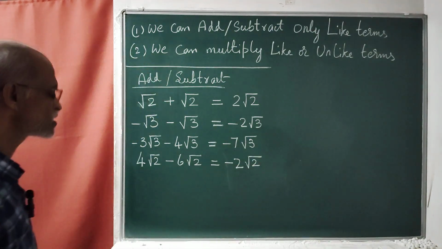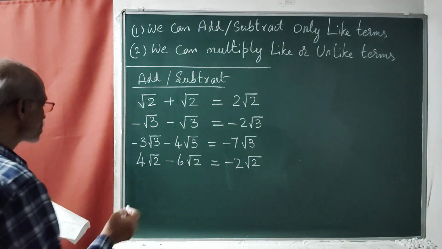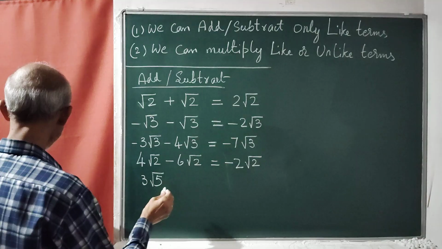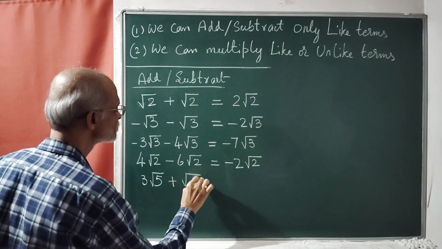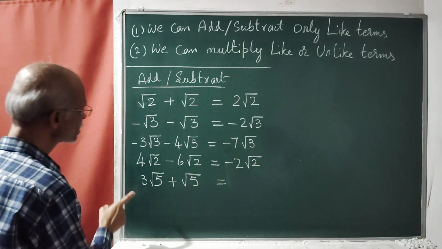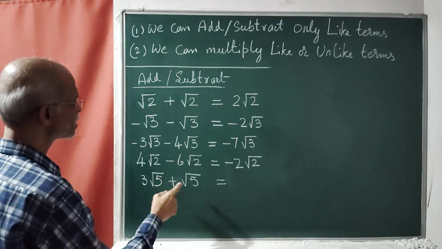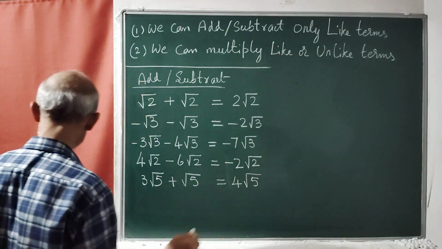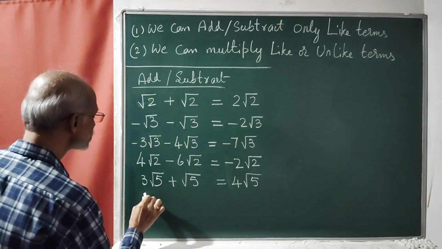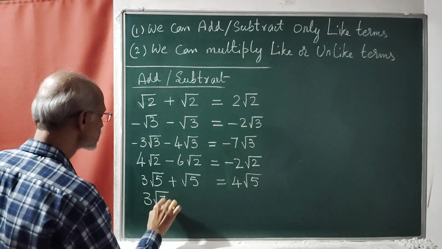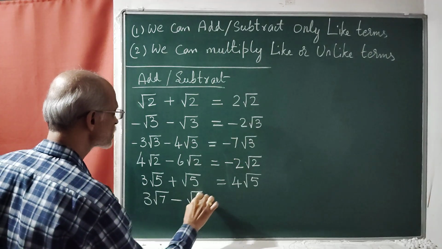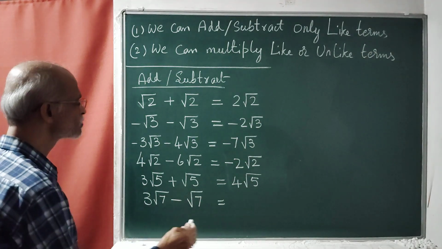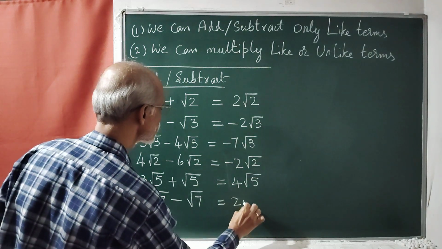We have to solve only the numbers which are outside the root. 3 root 5 plus root 5: plus 3 plus 1, 4 root 5. 3 root 7 minus root 7: plus 3 minus 1 will get 2 root 7.